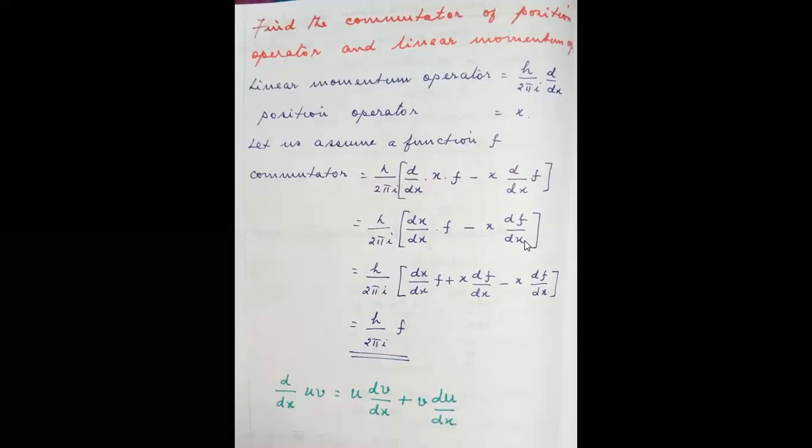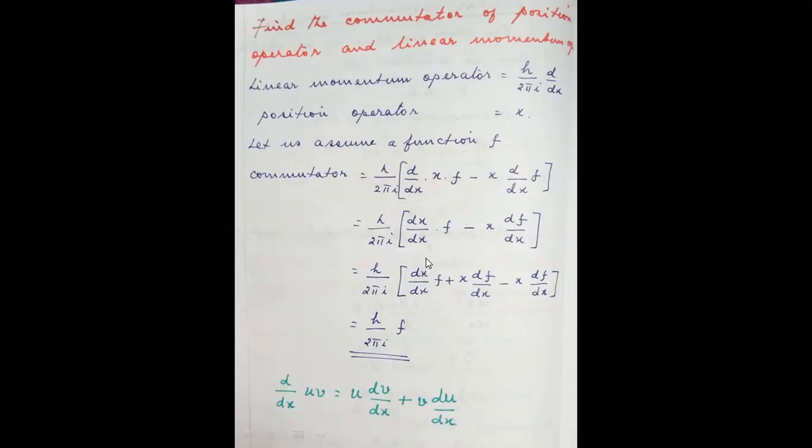So what I can do, this part d(xf) by dx becomes f plus, keeping the f in the differential and x constant, x df by dx, minus x df by dx. So this will get cancelled. So what you are getting is h by 2 pi I f.